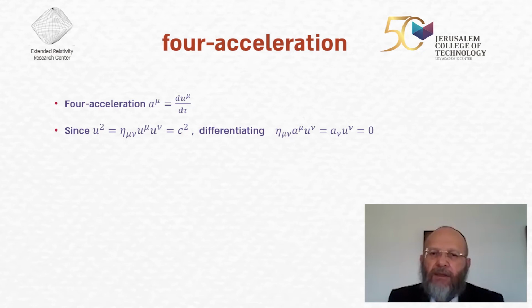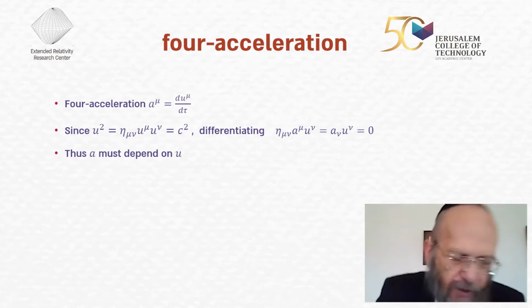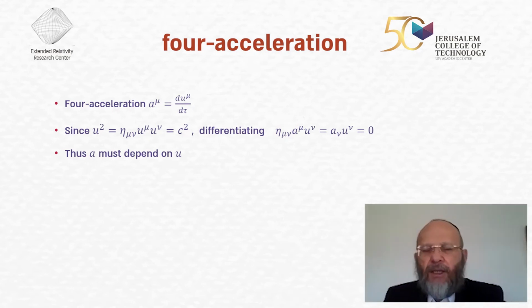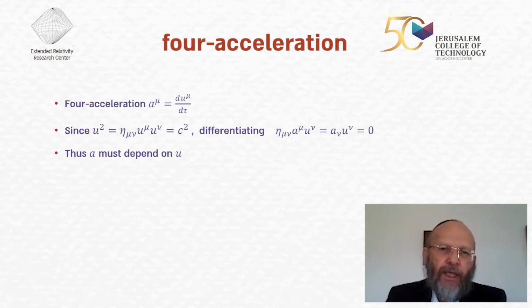And this condition must be preserved always. Thus, A must depend on U. Very important consequence. Relativity taught us that we can no longer assume that acceleration will depend only on the position in the field. We have to assume that A depends also on the four-velocity.